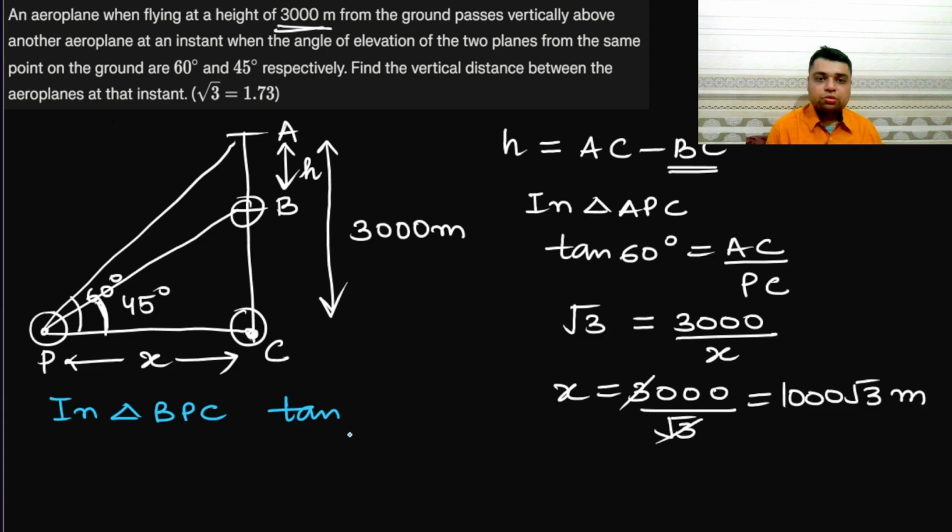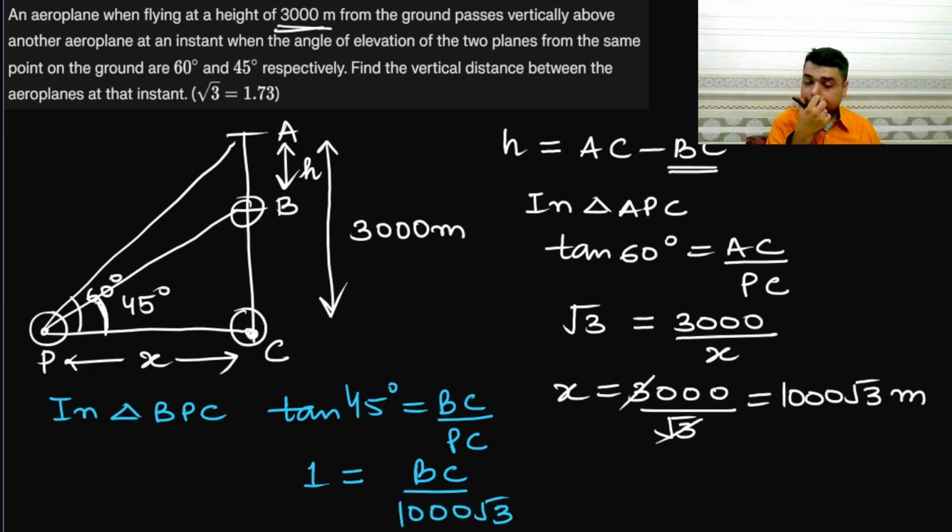So what we can do, tan 45 degrees is equal to BC upon PC. Tan 45 is 1, BC is what we need to find, and PC we were already able to find, that is 1000 root 3.